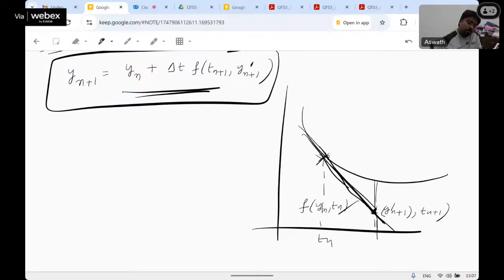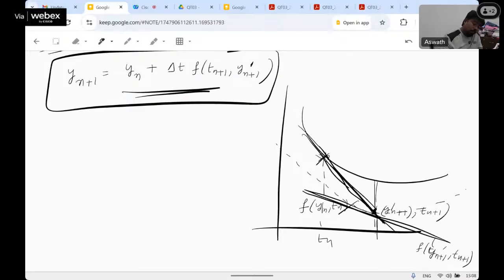By the way, there is no curve. How do I find the slope? What you can approximate is, let's say this curve is moved slightly to the bottom. Geometrically, you can say that. Now you drop a slope. That slope is f of y n plus 1 prime comma t n plus 1.